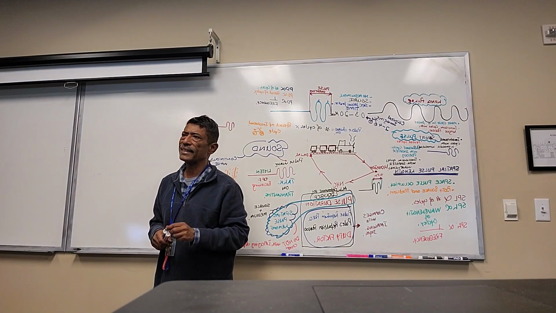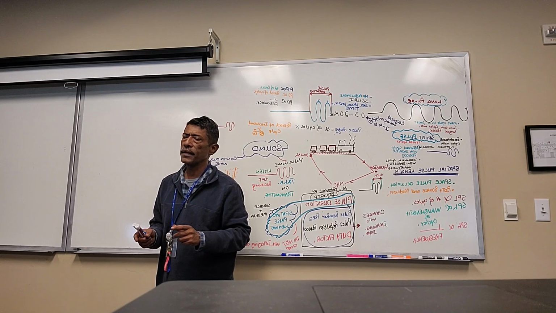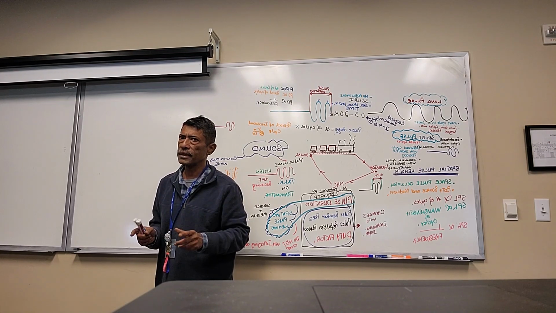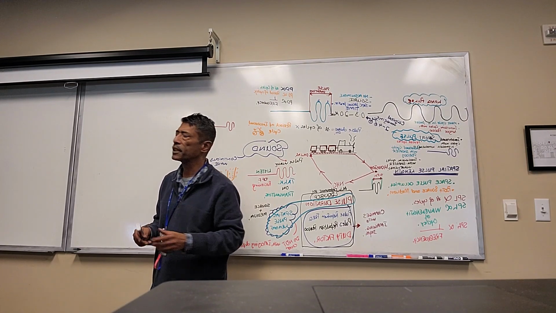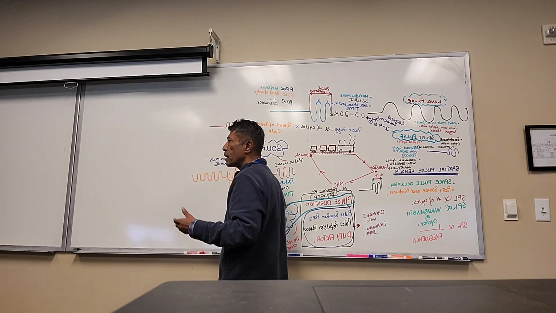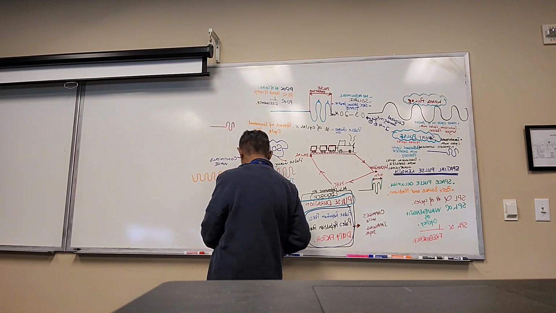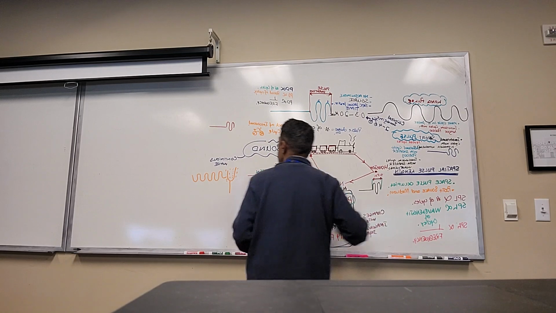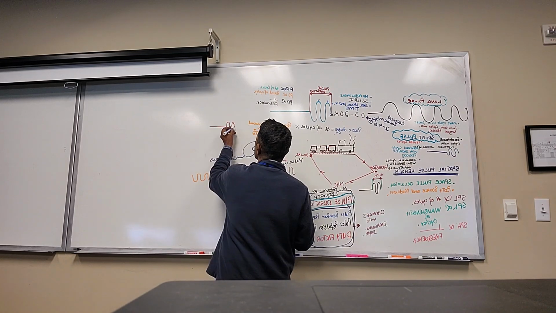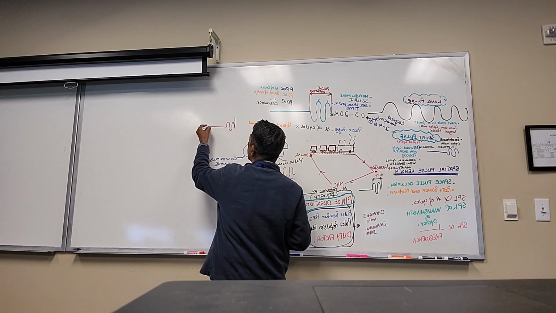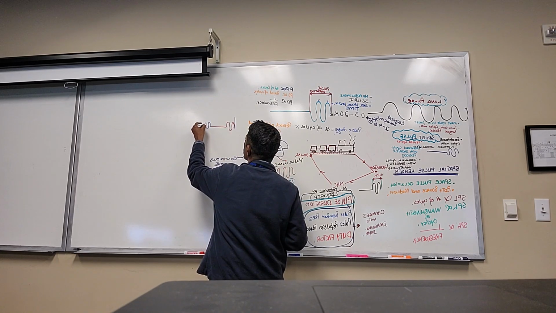Now what changes with the imaging depth? PRP, PRF, they change with the imaging depth. Alright, so what is PRP? PRP is from the beginning of the pulse to the beginning of the next pulse.